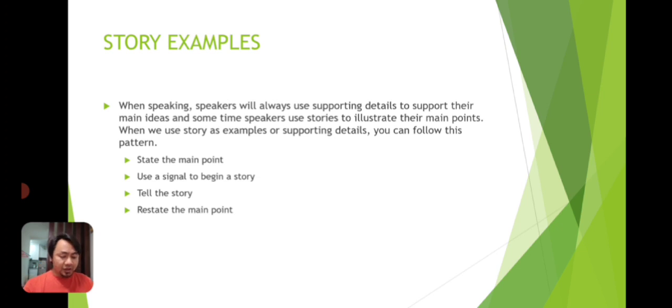Let's begin. First is to state the main point: In my opinion, going to school by motorcycle is very dangerous. And then use a signal to begin a story: I have a story to share. That is actually the signal that you are going to tell a story.